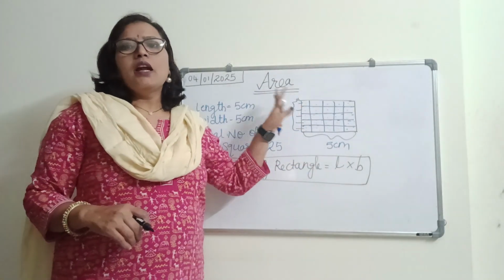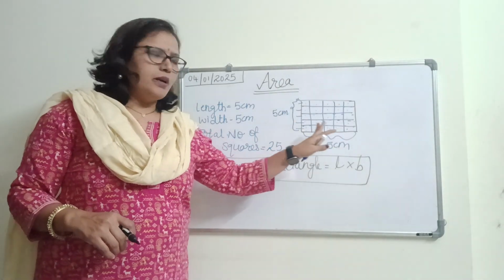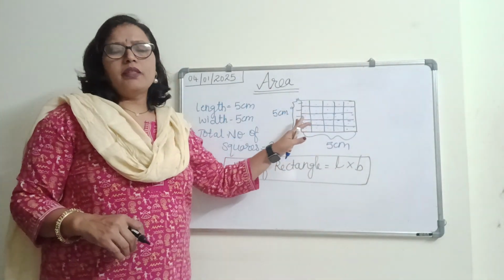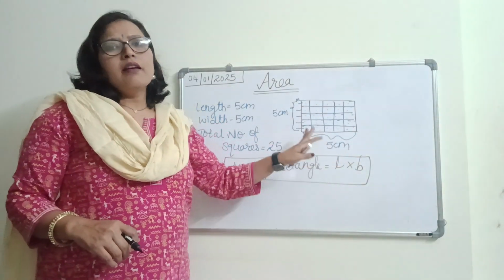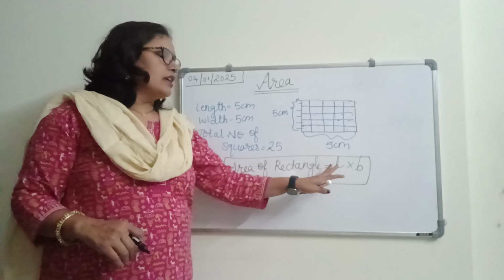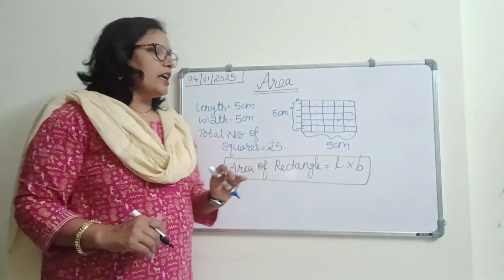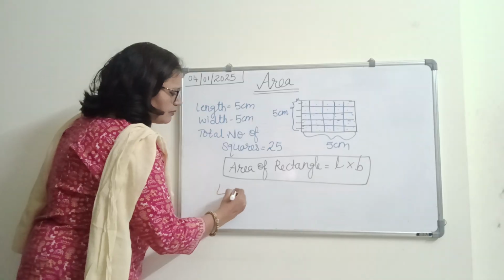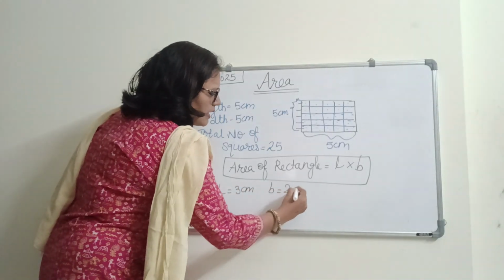When we draw the rectangle on squared paper or grid paper, we see how many squares cover it, and on that basis we find the area of the rectangle. Suppose the length L is 3 centimeters and the breadth is 2 centimeters.